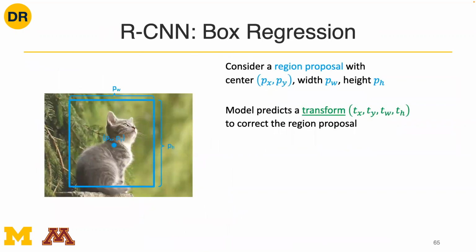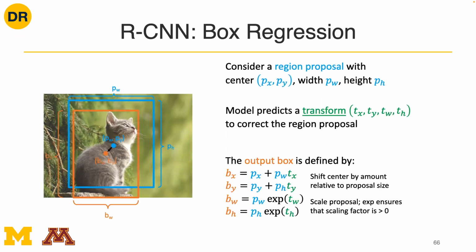So let us dig into this in more detail. For instance, let's say you have a region proposal with center px and py, which has pw and ph. So this is the region that was proposed for doing classification. And let's say you have a model that predicts tx, ty, tw, th after the regression task.